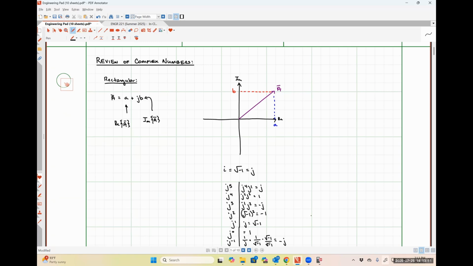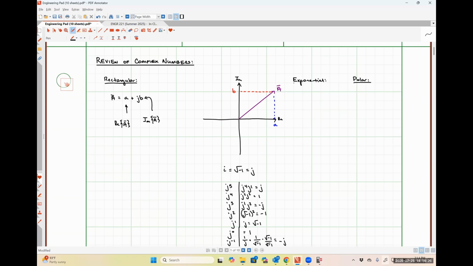We have our rectangular form here, where once again, lowercase a is the real part of our complex number A, and lowercase b, without the j, I want to be very clear about that, is the imaginary part of our complex number A. So now I'm going to talk about the exponential form, and over here on the far right, the polar form.